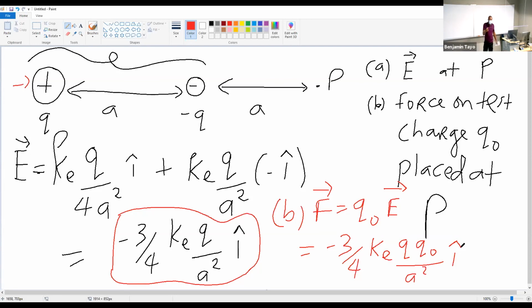If Q naught is a positive charge, then it moves in the negative x direction. But if Q naught is a negative charge, then the negative times the negative gives me positive. So if Q naught is greater than 0, it's going to move to the left. And if Q naught is less than 0, it should move to the right.